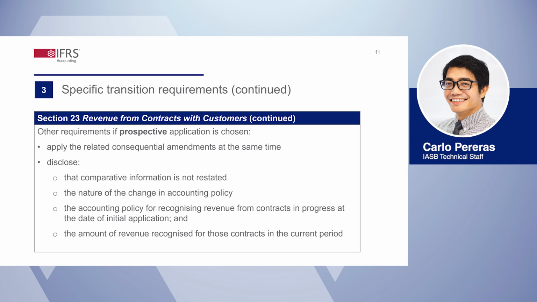These consequential amendments are listed in paragraph A33 of Appendix A. Second, an SME is required to disclose that it has not restated comparative information, the nature of the change in accounting policy for revenue from contracts with customers, the accounting policy for recognizing revenue for contracts that were in progress at the date of the initial application, and the amount of revenue recognized in the current period for those contracts. Furthermore, an SME is not required to apply the disclosure requirements in the revised Section 23 to comparative information.